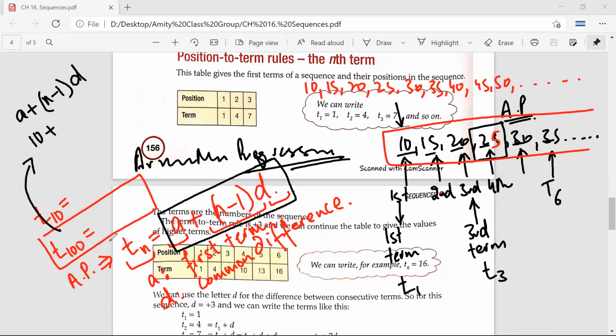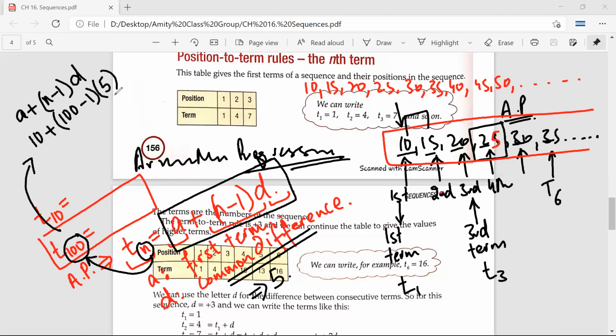Now I need to find the 100th term. Because I want to find the 100th term, my n would be 100, into D. My D is the common difference. In this sequence, the common difference is 5.